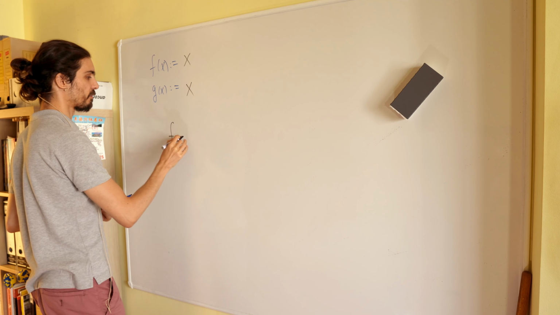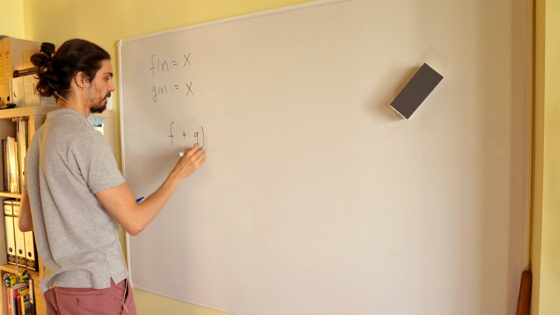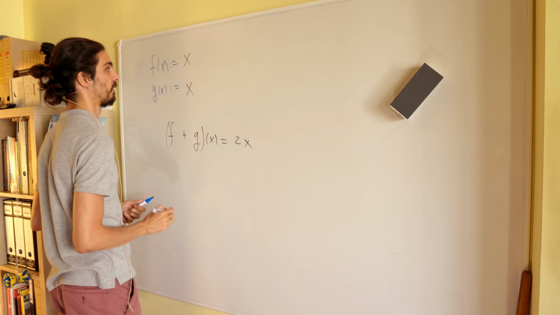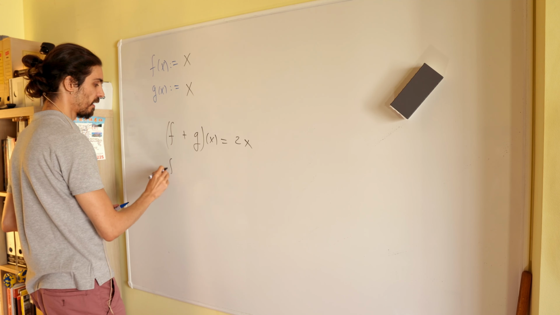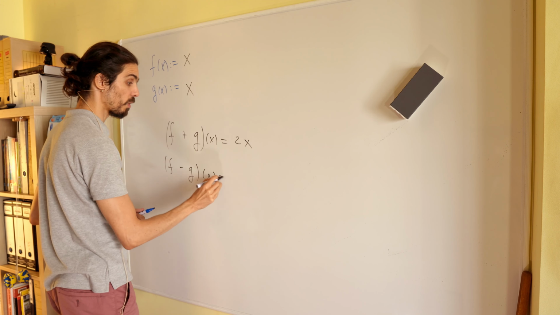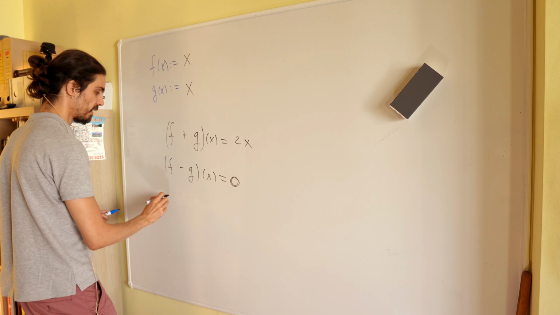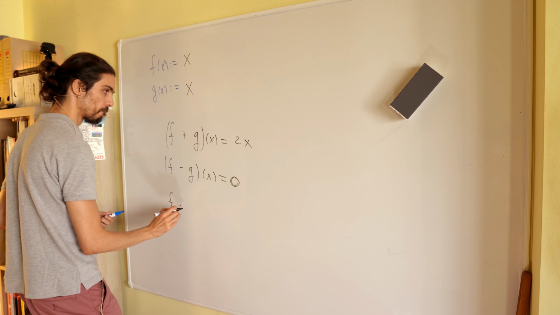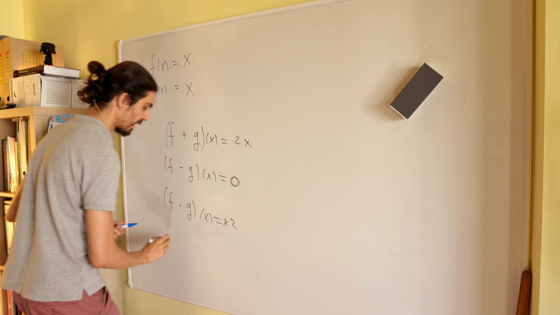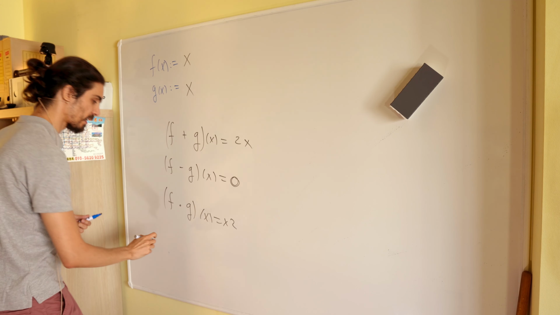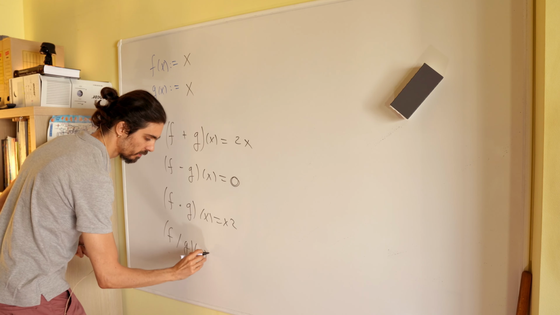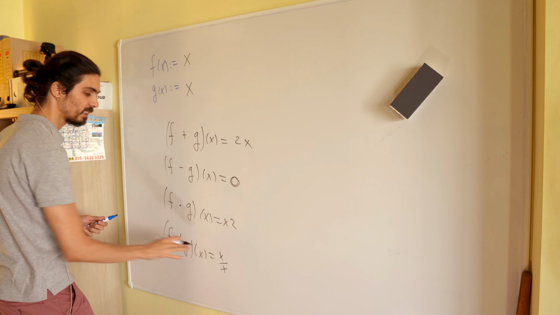If you now have f of x plus g of x, you get 2x, right? Because you are summing. If you subtract, what do you get? Well, you get 0 all the time. Then if you multiply, you get x squared, right? And finally, the key one that I want to address with you is this one: x divided by x. This is the tricky one.